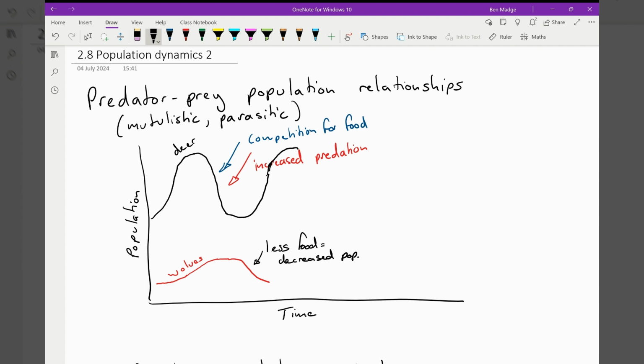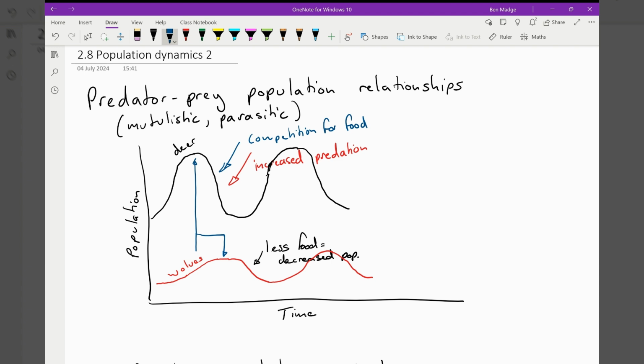And again, it will reach a peak, a lack of food, and an increase in predators will cause that population to then decrease again, and our population of wolves will decrease in response to it. There is always a lag between the peak of the prey species and the peak of the predator species because there's a time delay between the two.